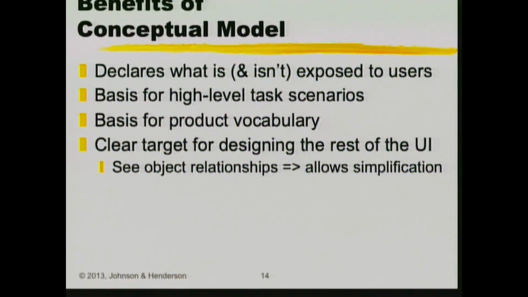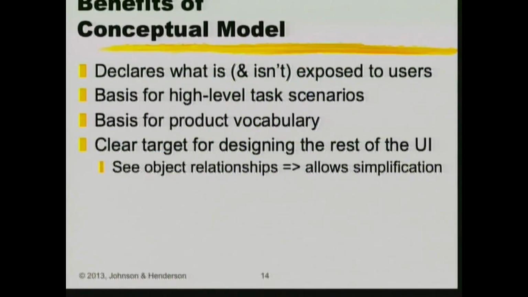And it provides a clear target for designing the rest of the user interface. So the user interface designer, the person whose job it is to create those wireframes, now has a much easier job than just sitting around and blue skying all the many different possibilities. The set of possibilities has now been constrained by the existence of a set of objects, operations, attributes and relationships.